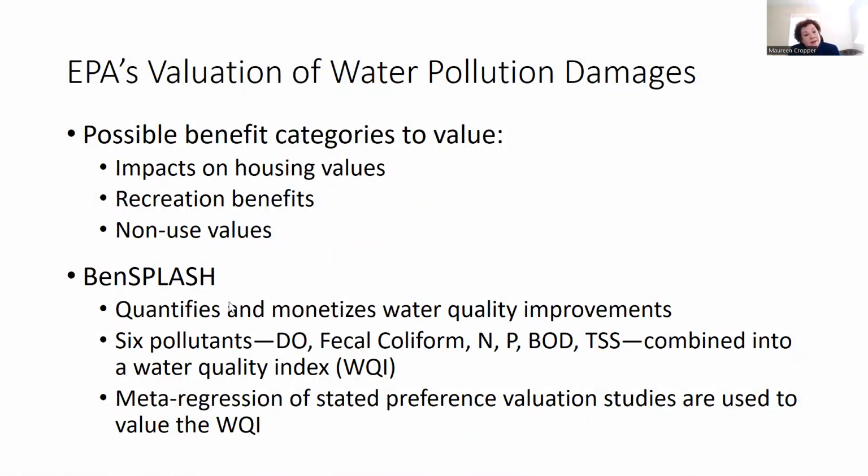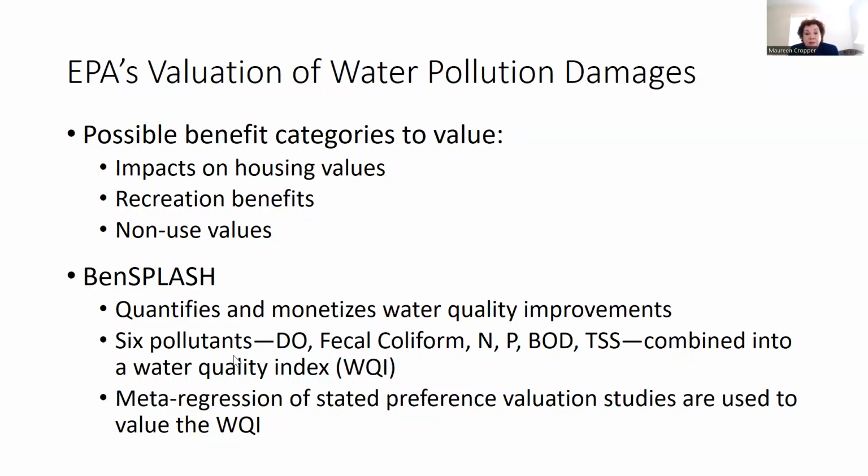The parallel platform to what I referred to as BenMap is BenSplash. It quantifies and monetizes water quality improvements. If EPA is going to issue a regulation regarding, let's say, emissions from feedlots, it will use it to estimate the benefits of that regulation.